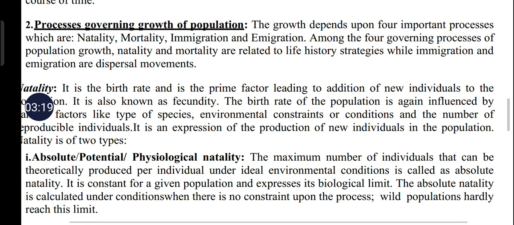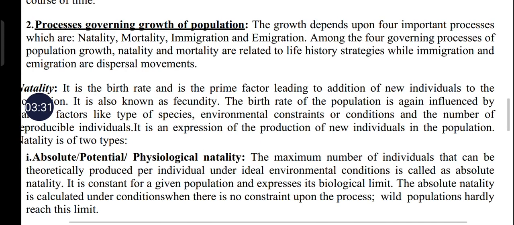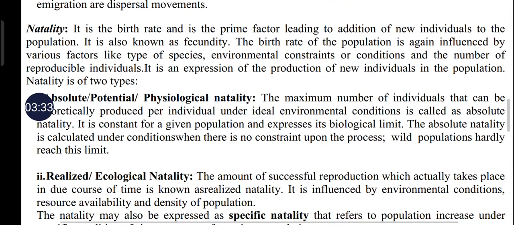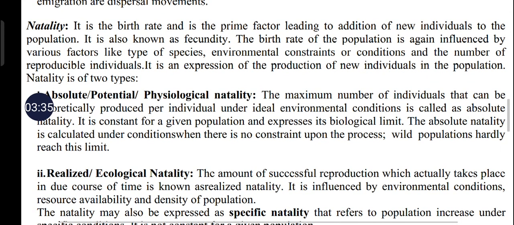Among the four governing processes of population growth, natality and mortality are related to life history strategies, while immigration and emigration are dispersal movements. Natality is the birth rate and is the prime factor leading to the addition of new individuals to the population. It is also known as fecundity.